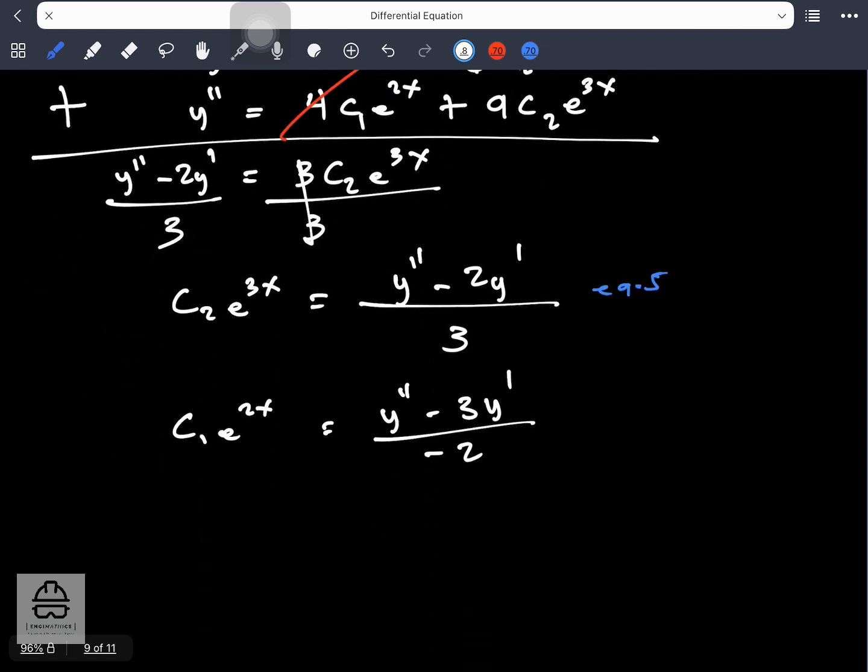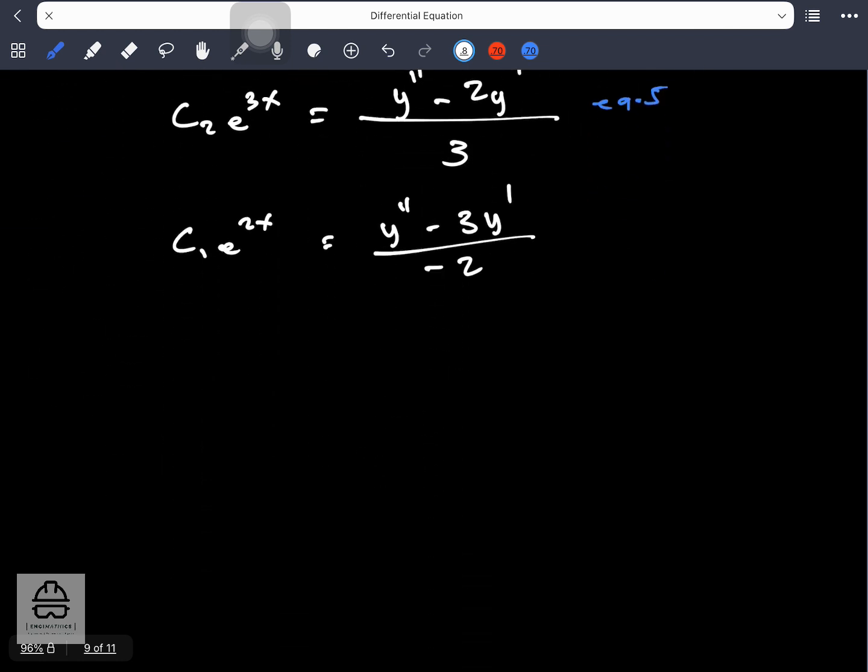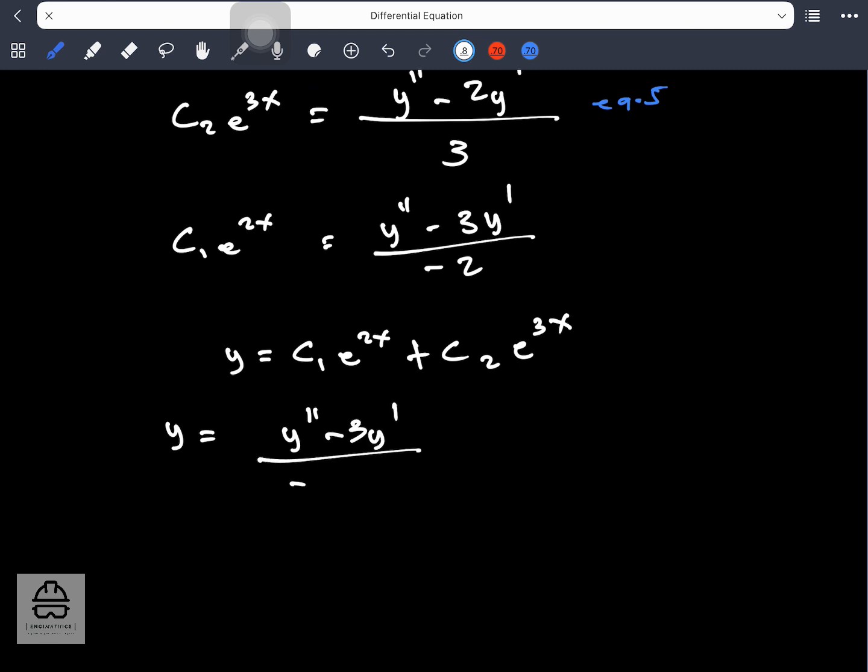Okay, so what we will be doing next is substituting the values of the c sub 2 e raised to 3x and c sub 1 e raised to 2x into our original function, original equation, which is c sub 1 e raised to 2x plus c sub 2 e raised to 3x. Okay? So that would be y is equal to y double prime minus 3y prime divided by negative 2 plus y double prime minus 2y prime divided by 3.